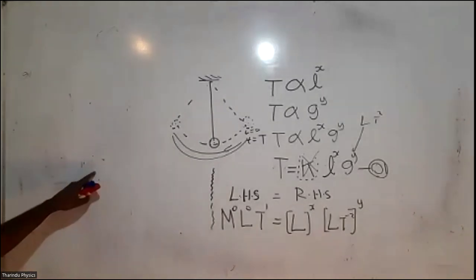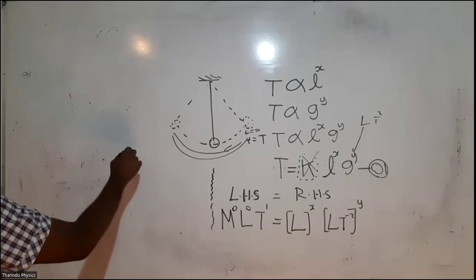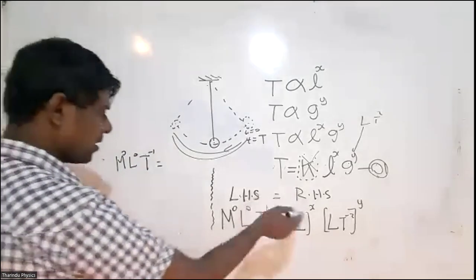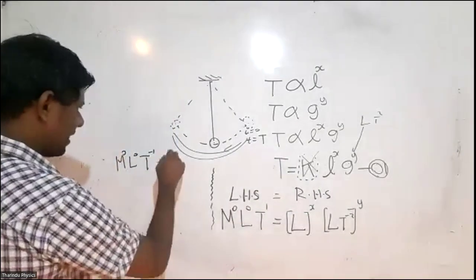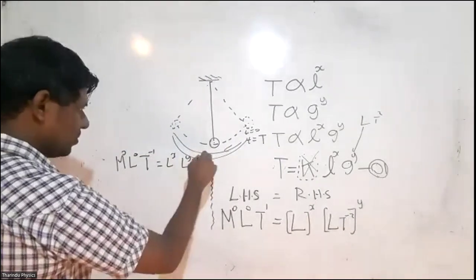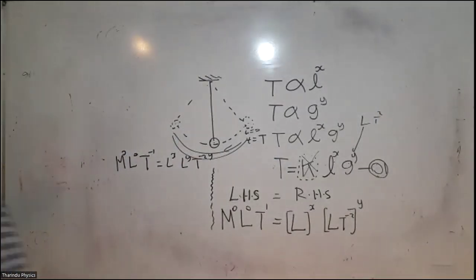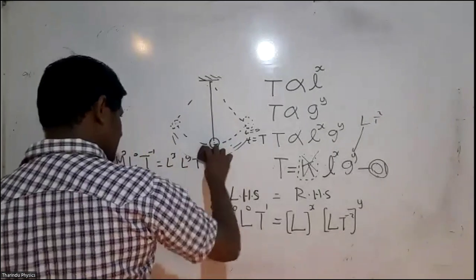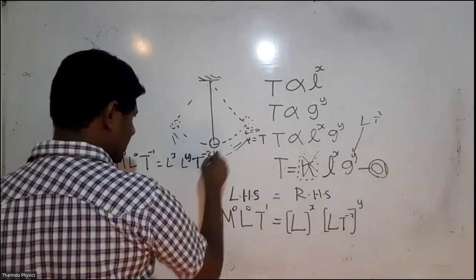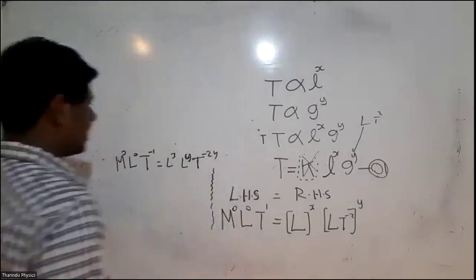Now I'm going to separate it. M naught, L naught, T minus 1 equals, now I'm going to open the bracket and write L^x, L^y, T minus 2y.